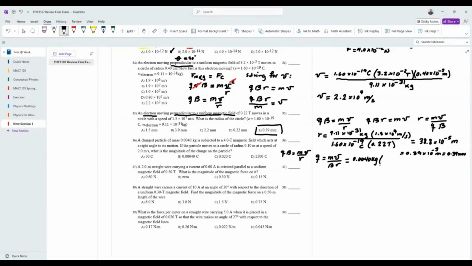The speed, that is 2 meters per second. The intensity of the field, 4 teslas. And then finally, we have a radius, that is 0.10 meters.